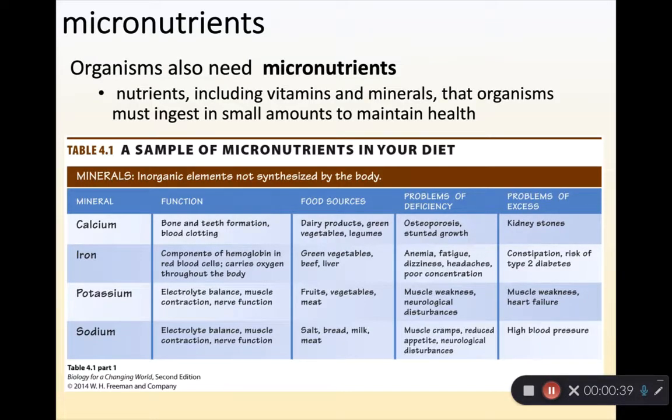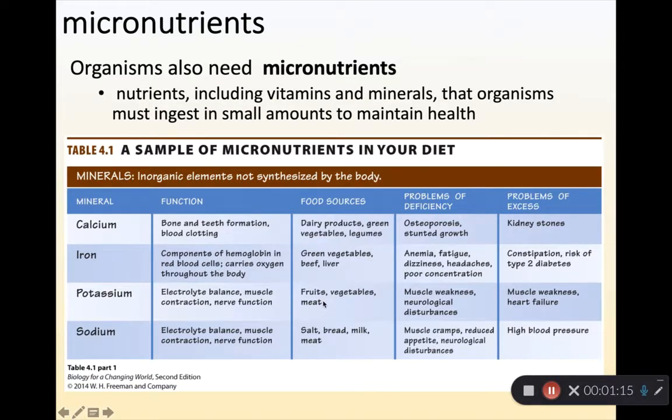So again, all living organisms require both macronutrients and micronutrients. And when we're talking about micronutrients, a lot of the things that we're starting to talk about are minerals, such as calcium, iron, potassium, sodium, and all of these have very specific functions in the body, including bone and teeth formation, hemoglobin and red blood cells, things that allow us to contract our muscles, as well as provide nerve function.